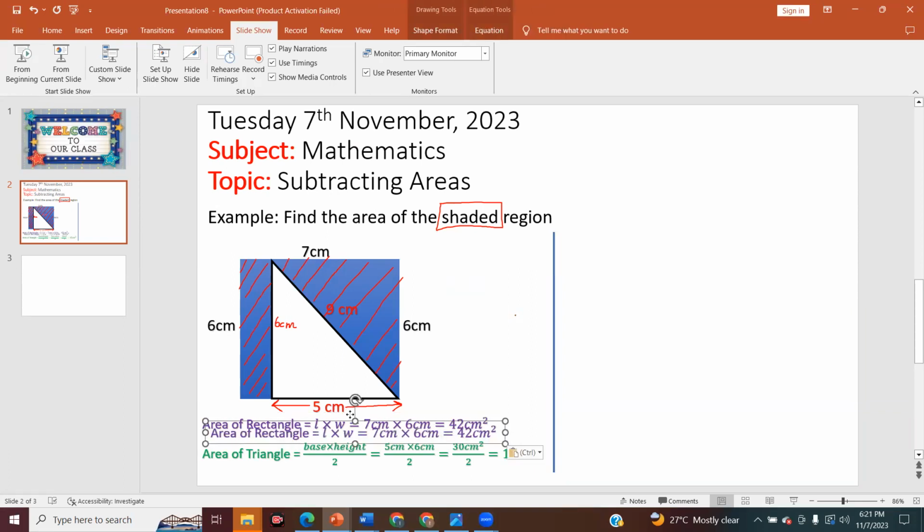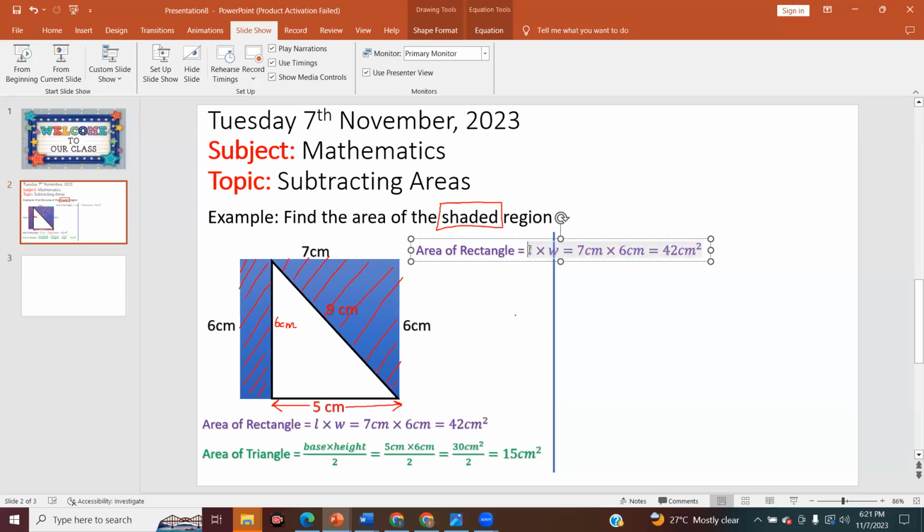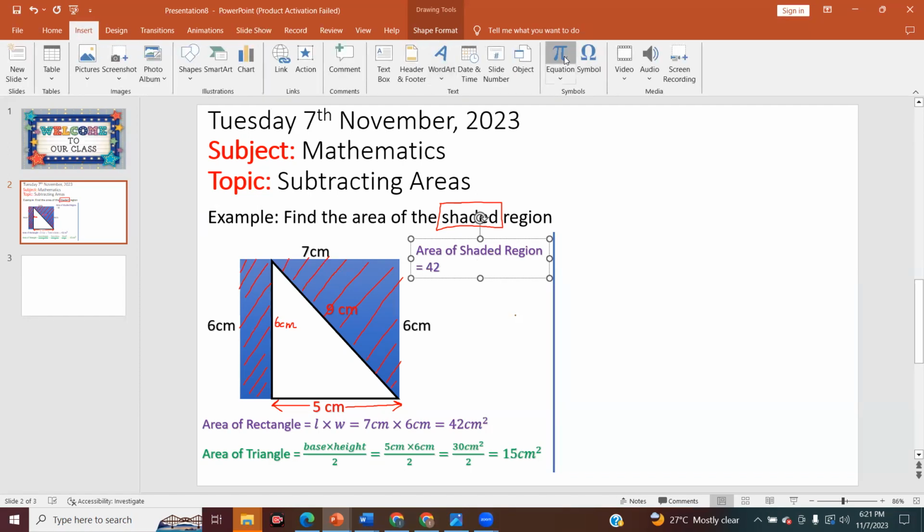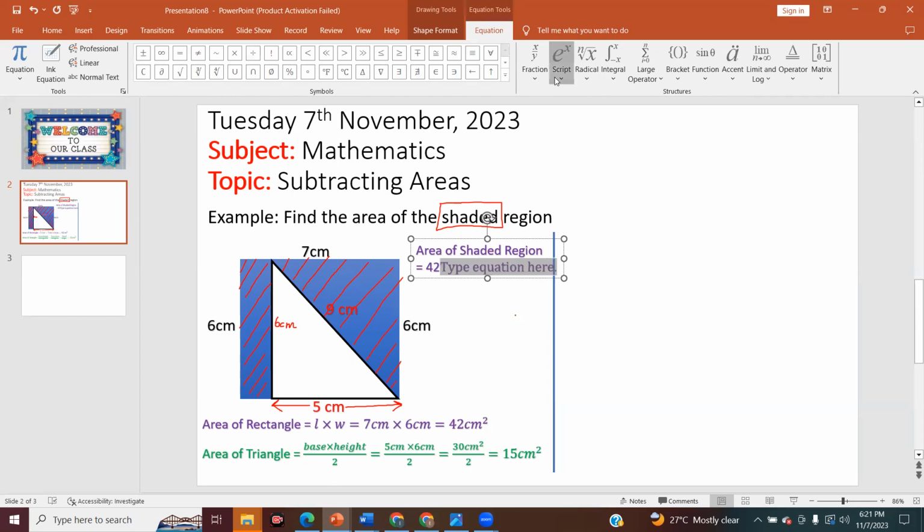So that means that the area of the shaded region, so let's get it. The answer is 27. That's what you get, 27. Let's see. So area of shaded region is going to be equal to 42 centimeters squared, minus what? 15 centimeters squared.